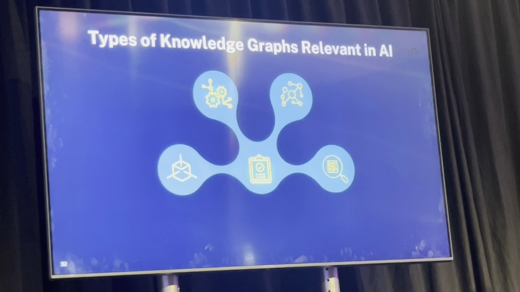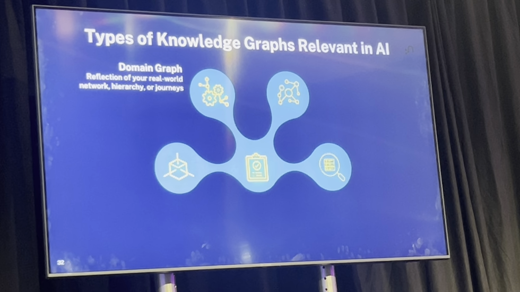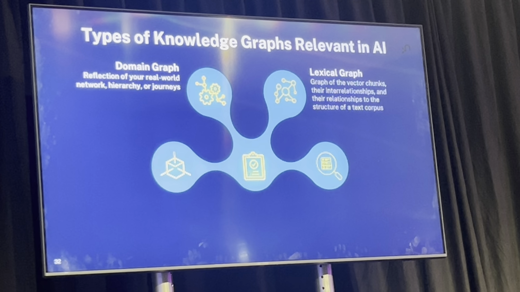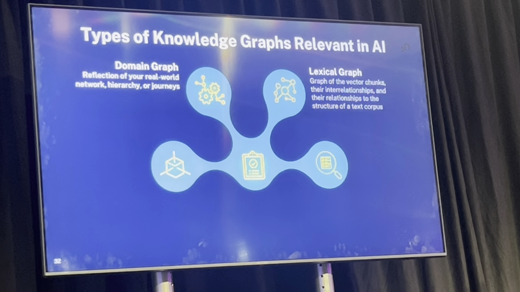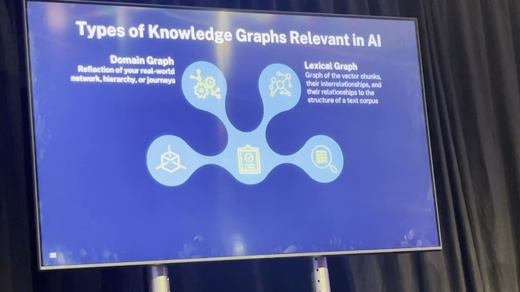It turns out there are multiple kinds of graphs that people are using. The obvious one is the domain graph, which is like the digital twin of the part of the world that you're trying to show, your payment network, your biology network. Another is you can actually create a graph of the vector chunks. So it's chunk, next chunk, next chunk.